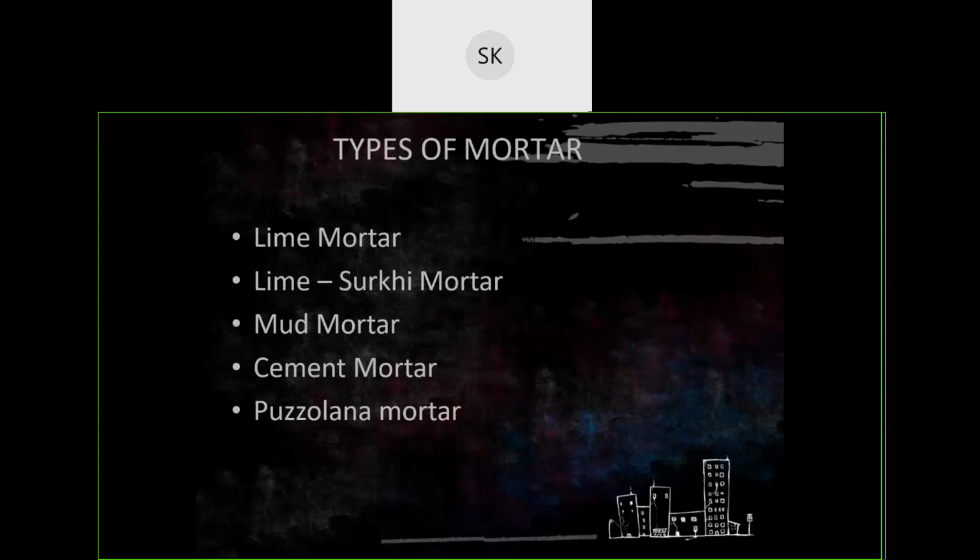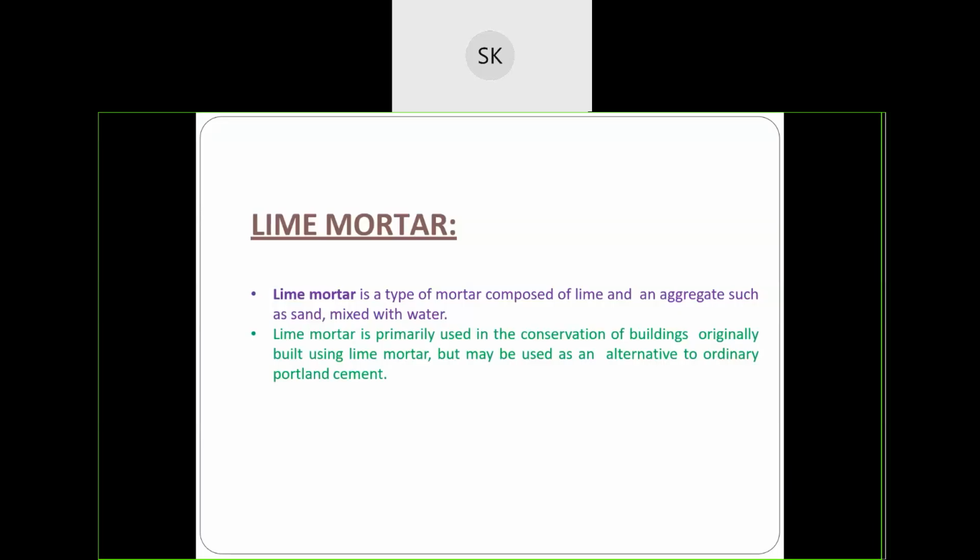Basically, let's start with lime mortar. It is a type of mortar composed of lime and an aggregate such as sand mixed with water. As you know, you have two types of aggregate: fine aggregate and coarse aggregate. Sand is considered under fine aggregate. So lime mortar is a mixture of lime, which is your binding material, and aggregate, which is sand, mixed with water.